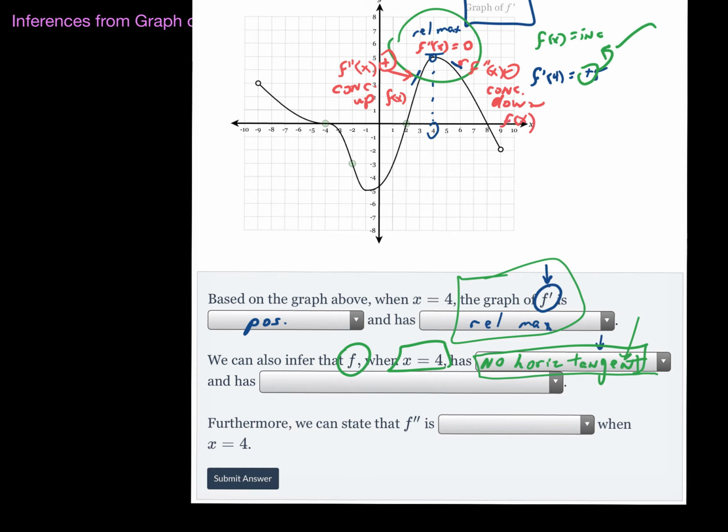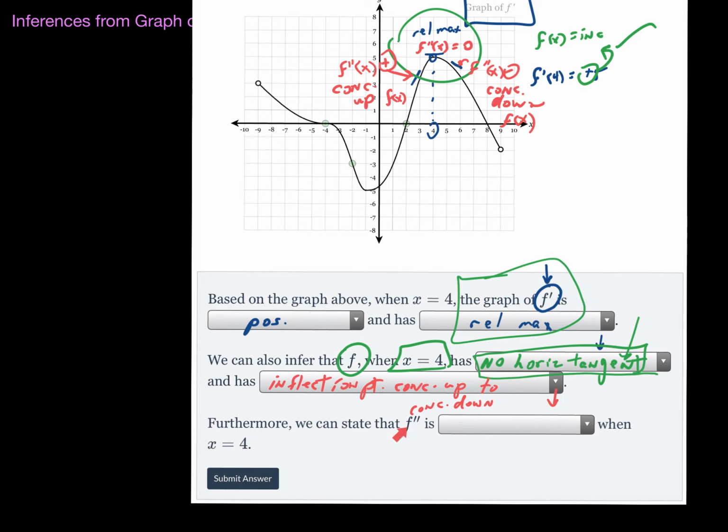So over here we can say that we have an inflection point, and it is going from concave up to concave down, like we just said. Under this drop-down box, there are different choices, and this is the only one that is correct. They'll also ask you, is it an inflection point because you're going from concave down to concave up? They just want to make sure you know what you're talking about.